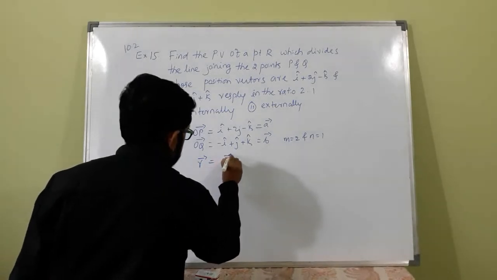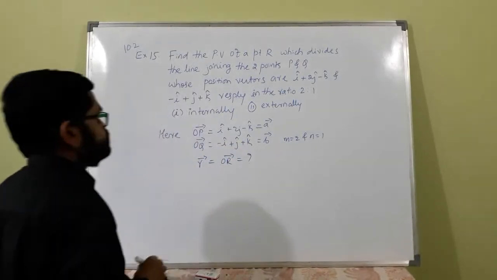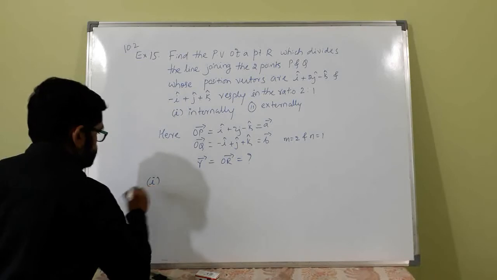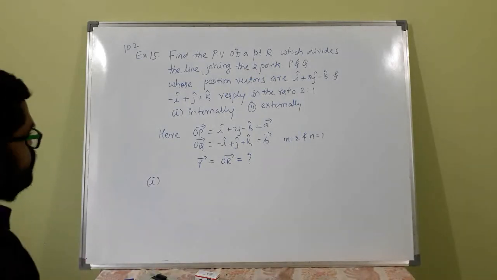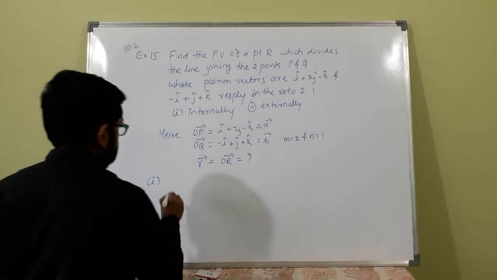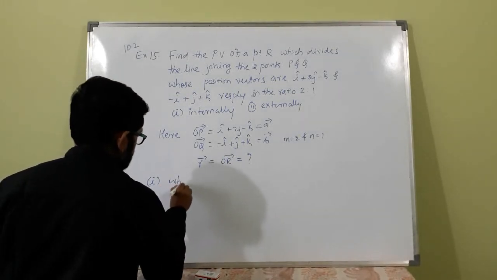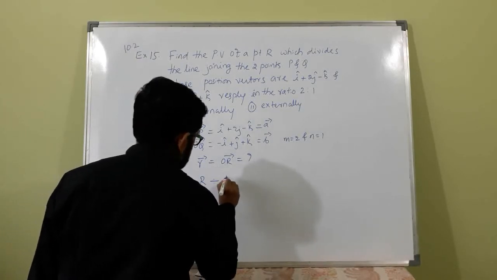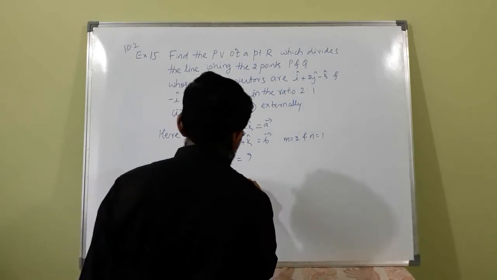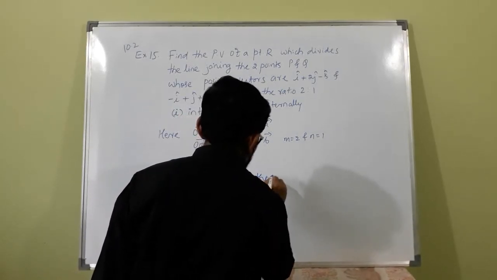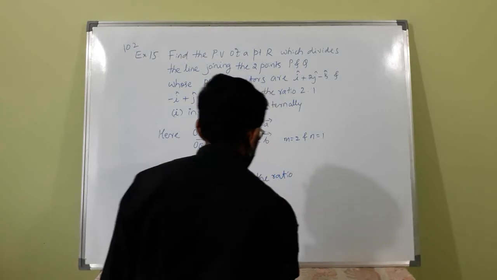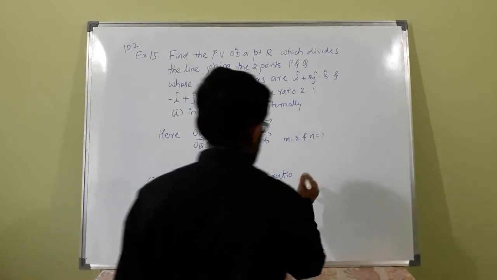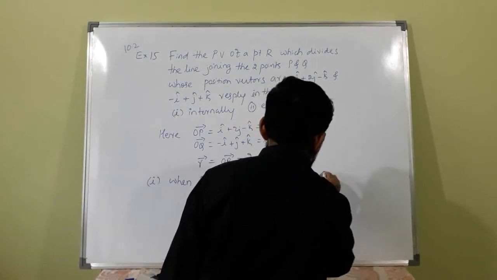That is the position vector of the point. Let us consider when R divides PQ in the ratio m is to n internally.